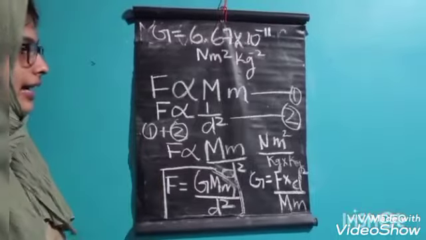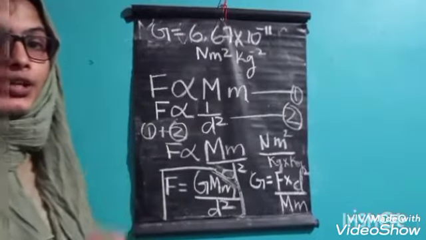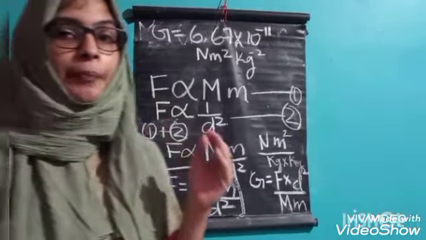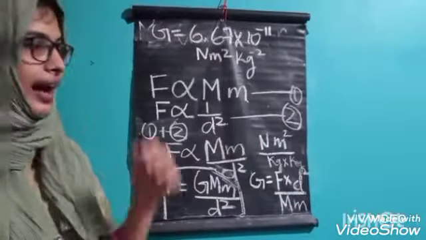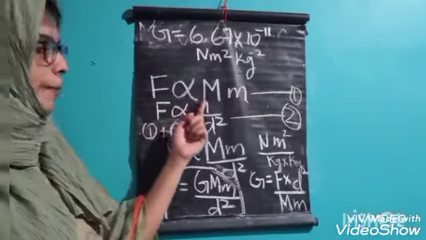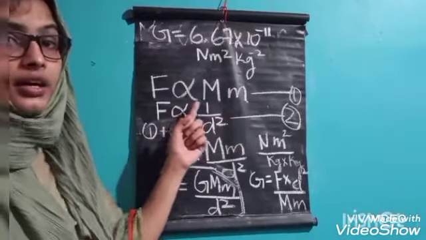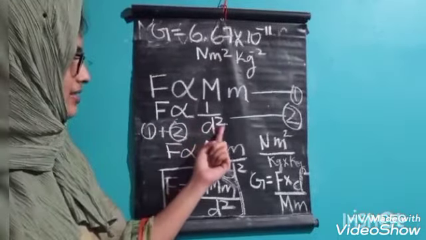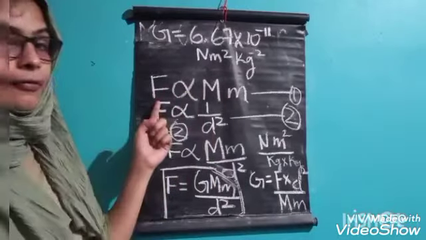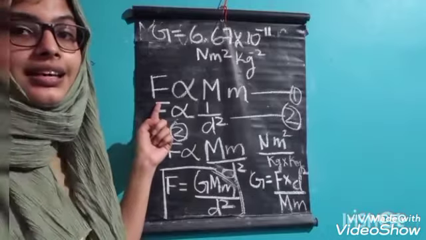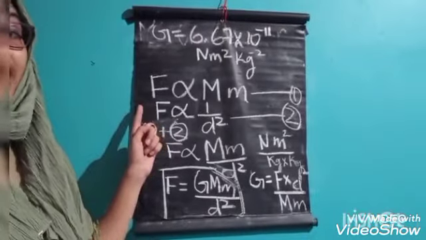Okay, hope you understand all these things. This is Newton's law of gravitation. What does Newton's law of gravitation state? Every object in the universe attracts every other object, and that force is directly proportional to the product of their masses and inversely proportional to the square of the distance. As the mass of the object increases, the force of attraction increases.